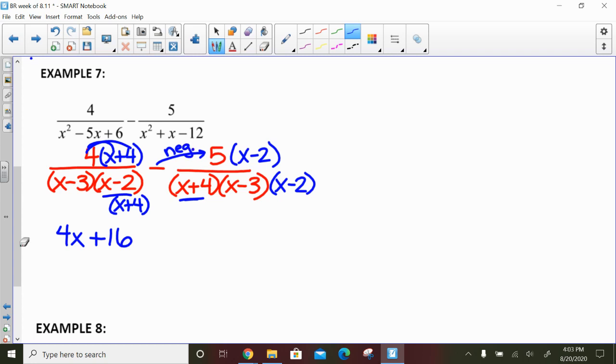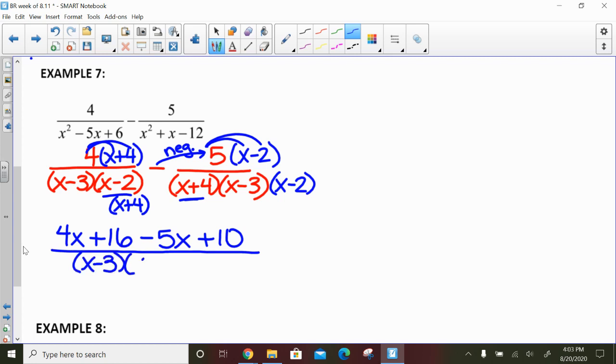So negative 5 times x is negative 5x, and negative 5 times negative 2 is a positive 10. And we write that all over the denominator, x minus 3, x minus 2, and x plus 4. It does not matter what order you write those parentheses in.